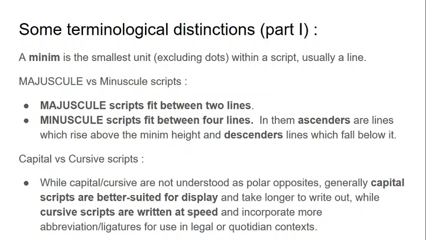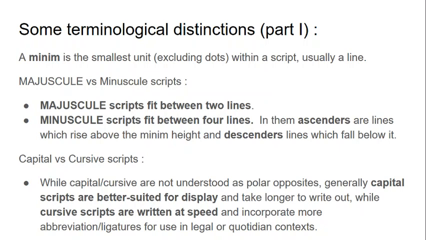They fit between the same two lines, whereas in the last word, lines, which is written in lowercase, the top of the E is lower than the top of the L, because the lowercase script fits between four lines.